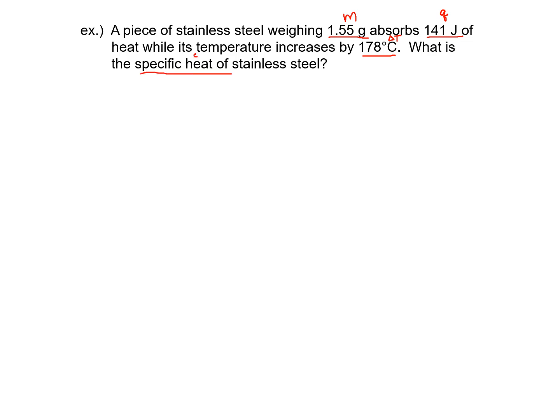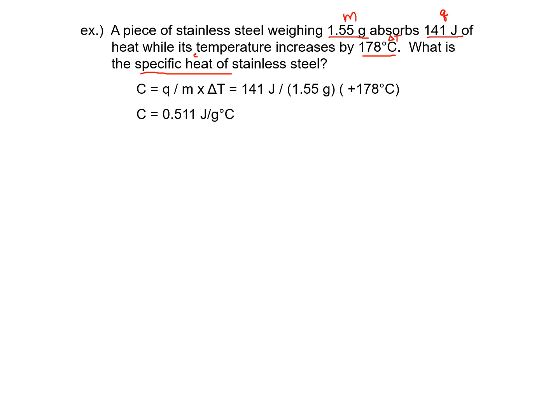Well, that's C. That's what we don't know. So now we have our knowns and our unknowns. So let's write that out, right? We have C, which is our unknown, equals Q, which is 141 joules, divided by M, which is 1.55 grams, times delta T, which is positive 178 degrees Celsius, because the temperature increases by that amount, so it must be a positive number.